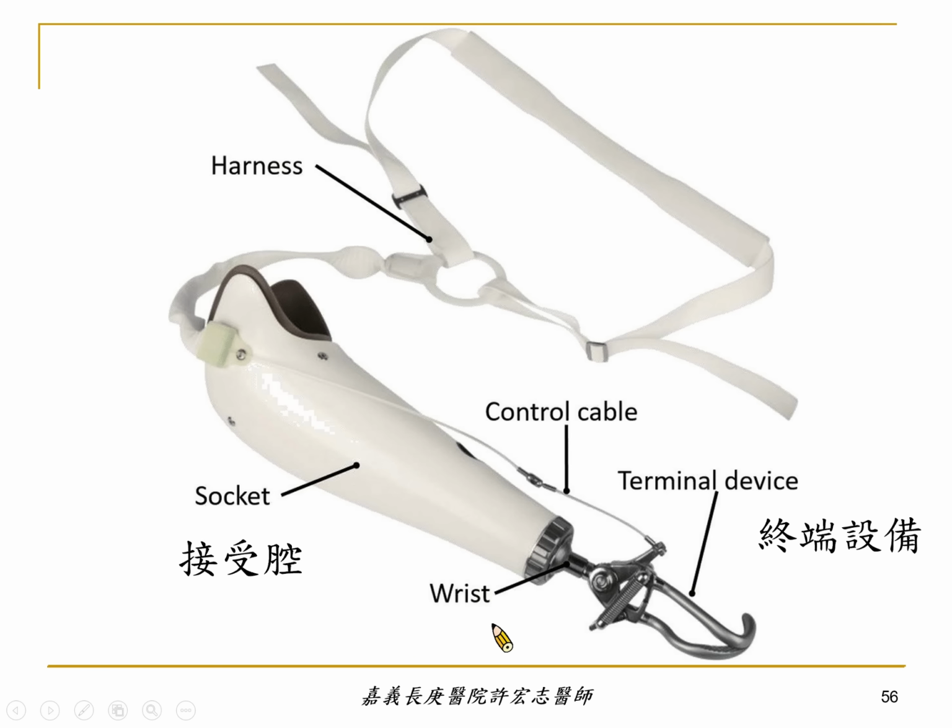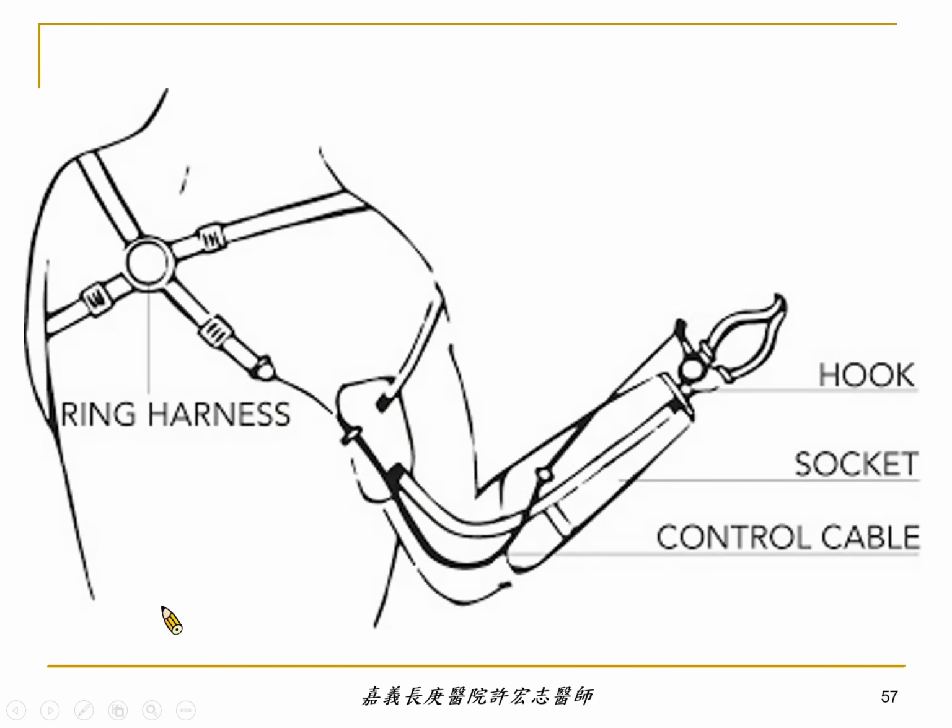This is the picture of the upper limb prosthesis: the terminal device, the cable to control the terminal device, the socket to fit the remnant of the upper limb, and the harness to help fix the whole prosthesis to your body or chest.